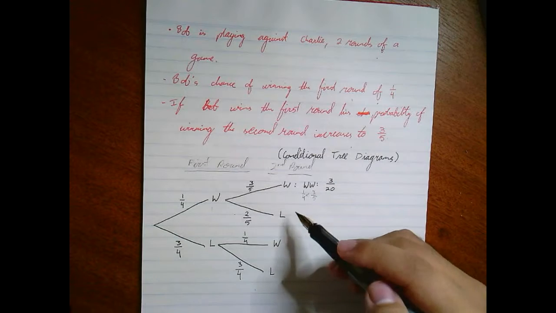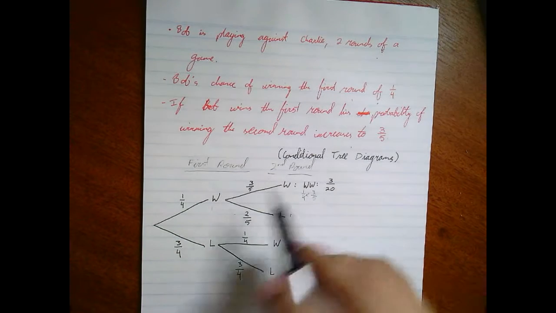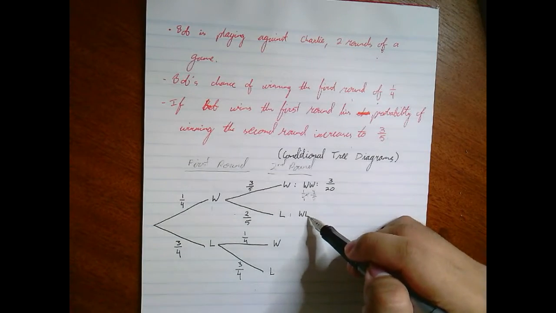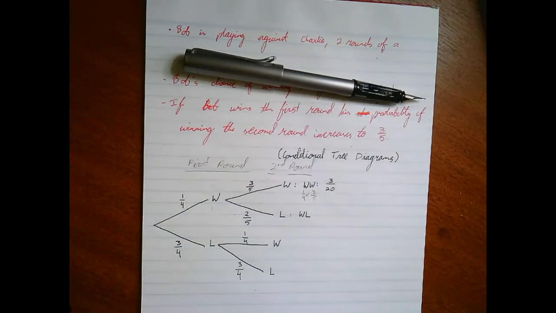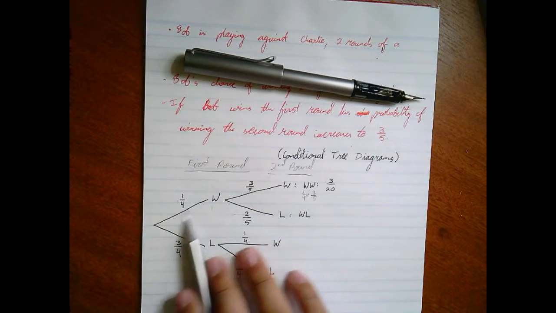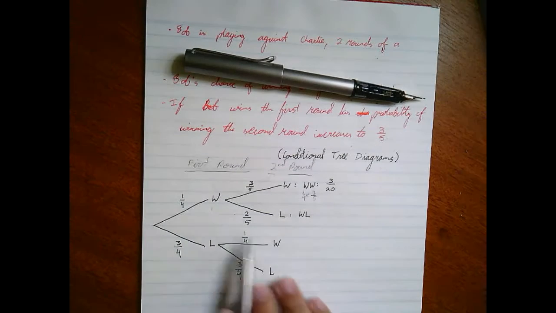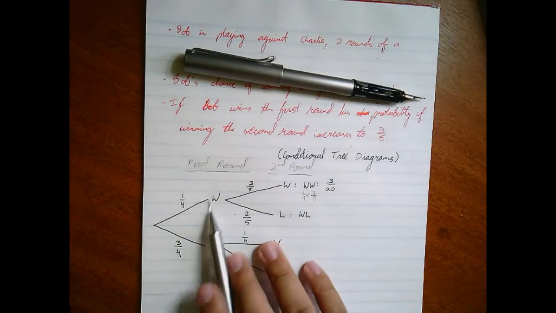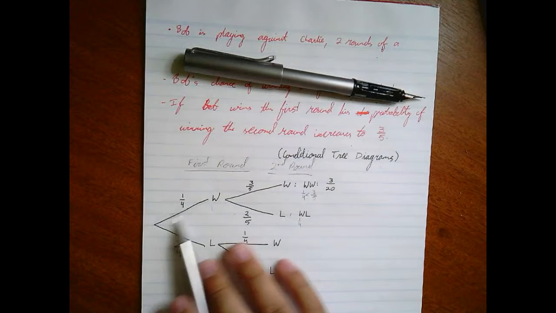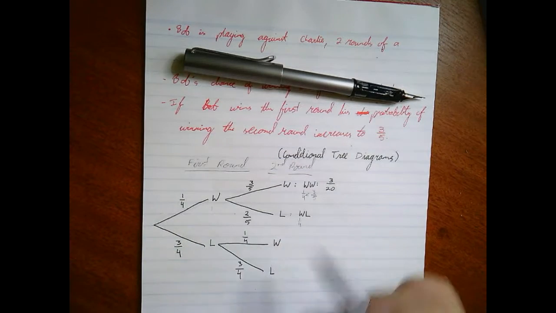So his probability of getting a win and then a loss, so a WL, same thing. We multiply the branches it took to get to this endpoint. So it'd be 1 out of 4 times 2 out of 5.